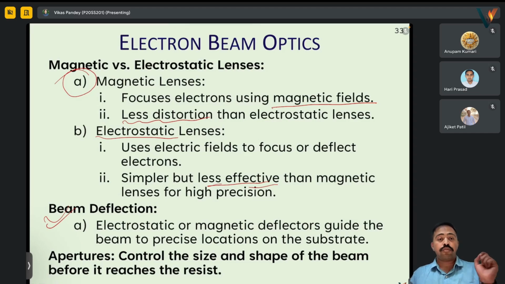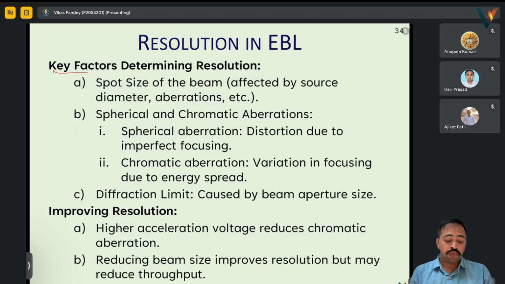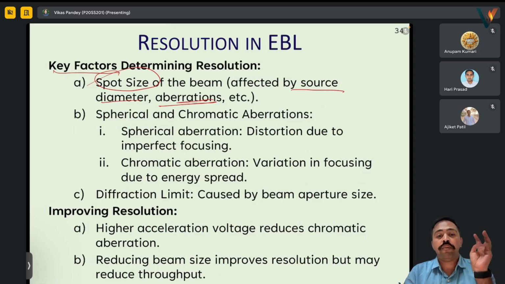So why are we shifting to electron beam lithography? Because of resolution. What are the key factors that determine the resolution in this case? One is the spot size, which is in turn affected by source diameter and the aberration of our system. When we talk about aberration, there are spherical and chromatic aberration.